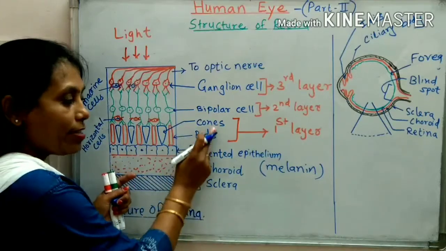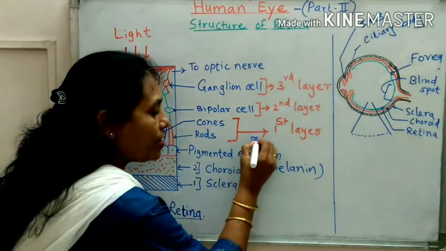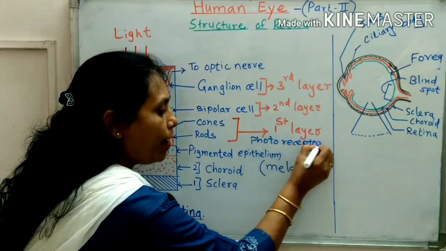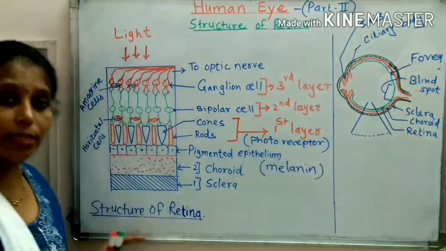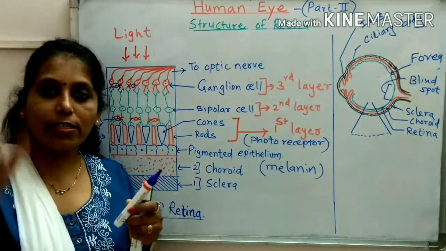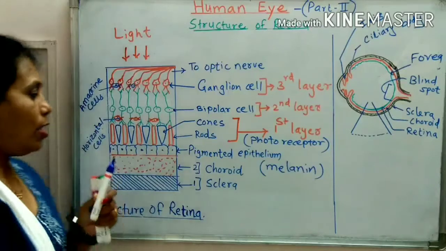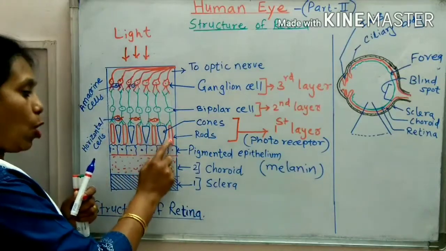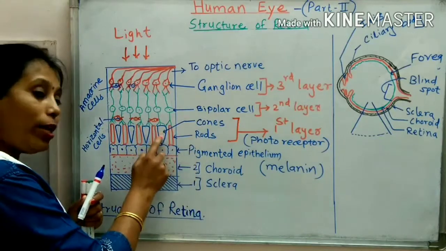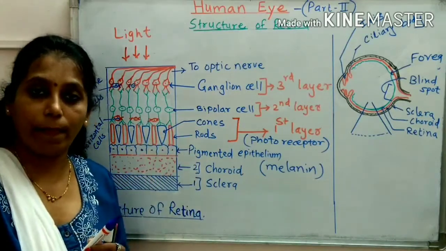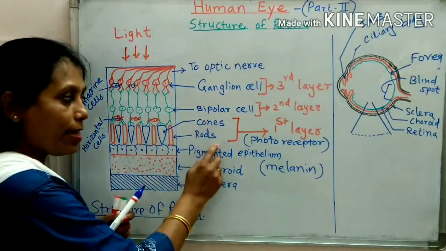The first layer is called the photoreceptor layer, which consists of two types of cells, rod-like structures and cone-like structures. The rod-like structures are called rod cells and the conical shaped structures are called cone cells. So this is the first layer.